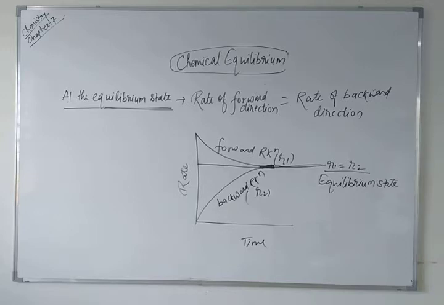Chemical equilibrium is dynamic in nature, that is, the reaction appears to have stopped, but it actually takes place in both directions with the same speed. So we can't say that the reactant has disappeared. That's why chemical equilibrium is dynamic in nature.